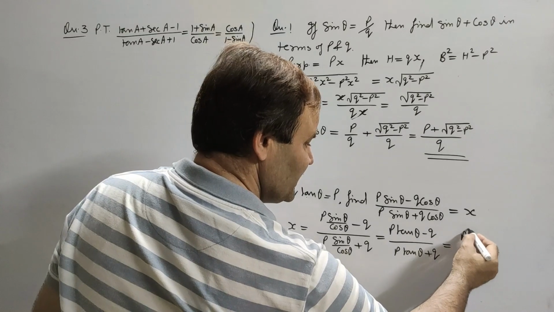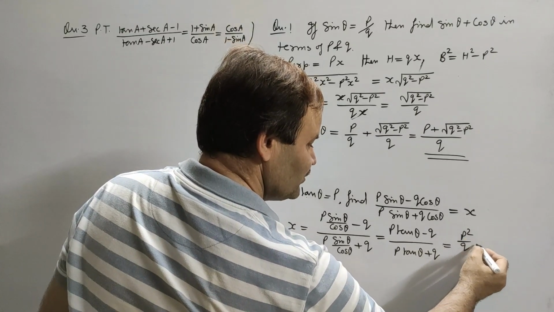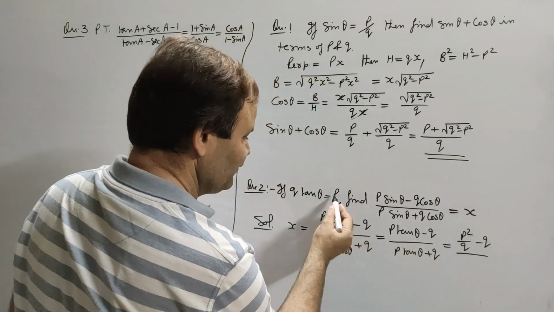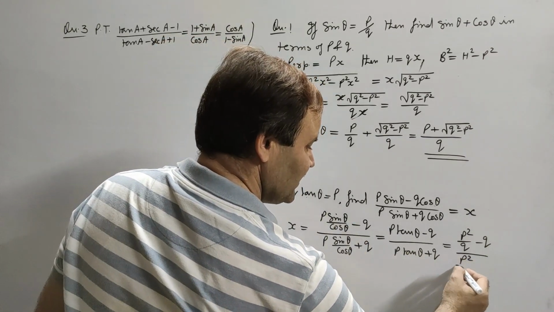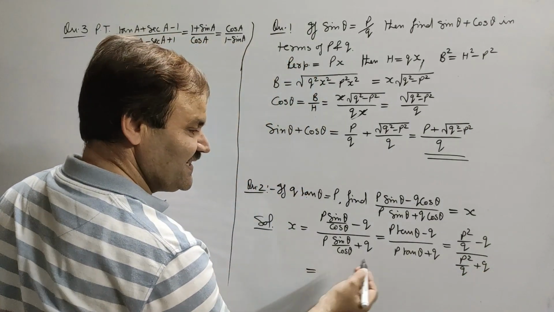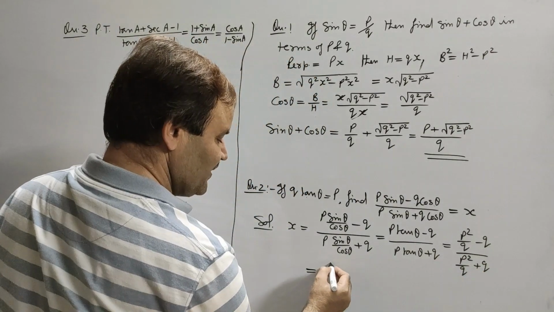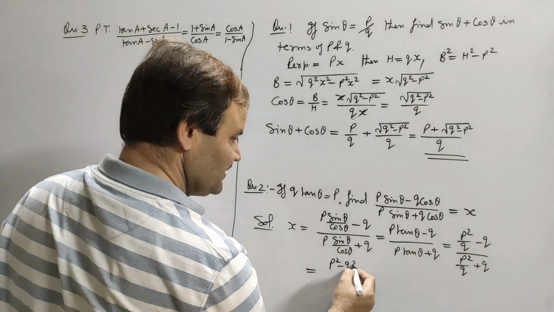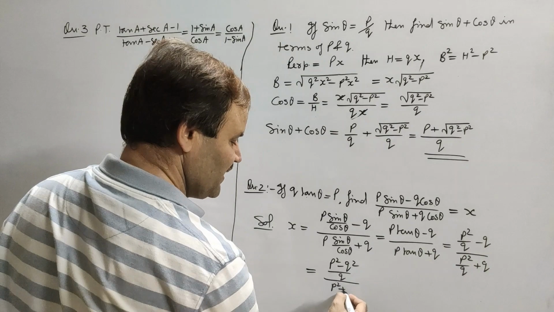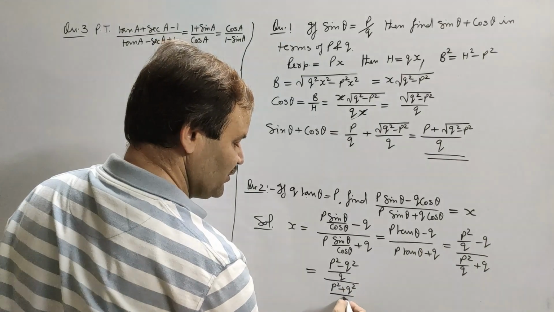So we will put tan theta as p upon q. It will become p square upon q minus q, upon p into p square upon q plus q. On taking LCM, it will become p square minus q square upon q divided by p square plus q square upon q.